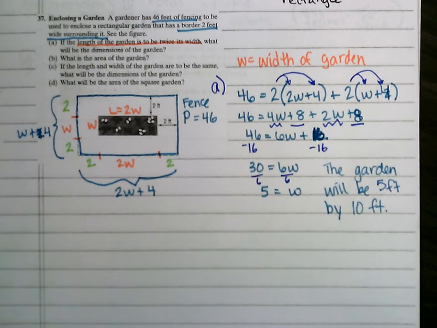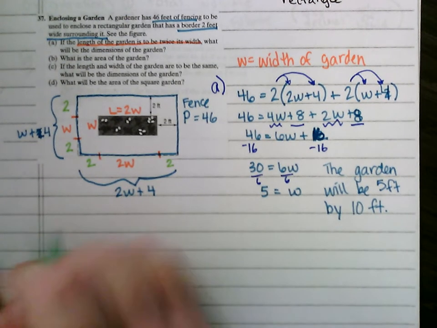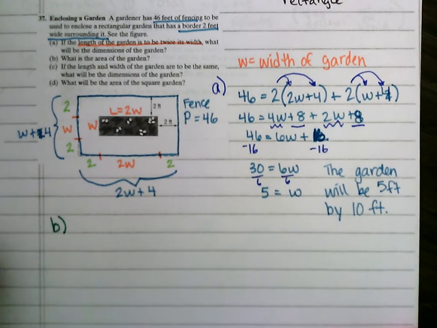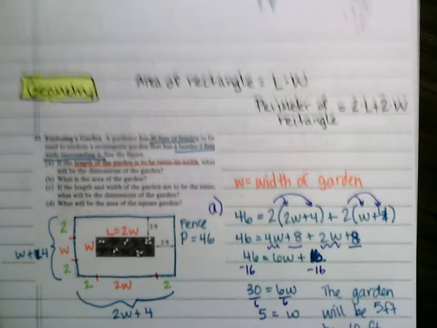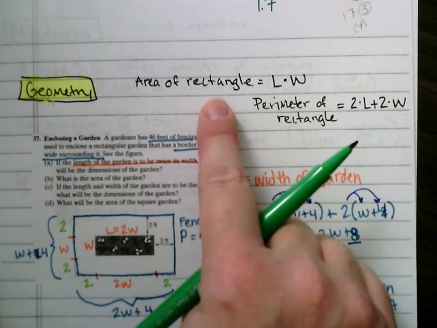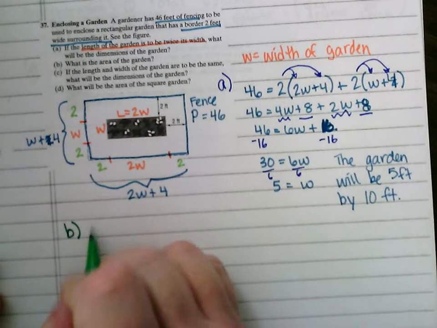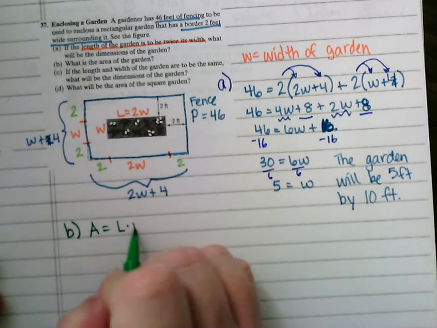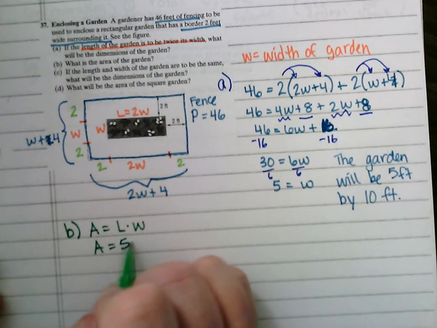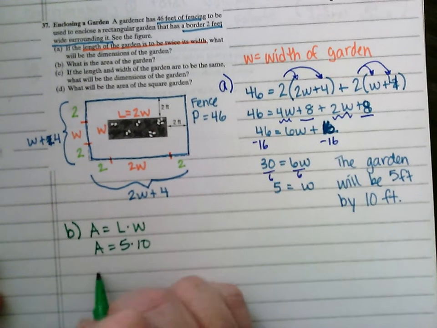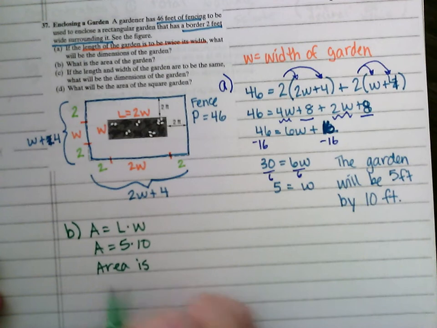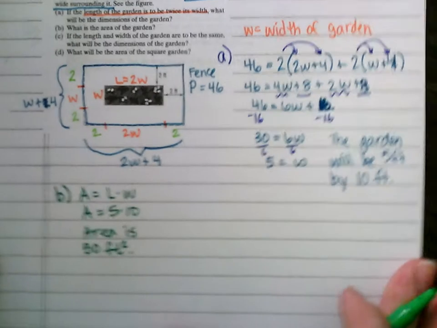Okay, part B, what is the area of the garden? Well, that's going to be pretty easy to do after we just found the dimensions. Area of a rectangle is length times width. So the area will be 5 times 10. So area is 50, and that's in square feet for area.